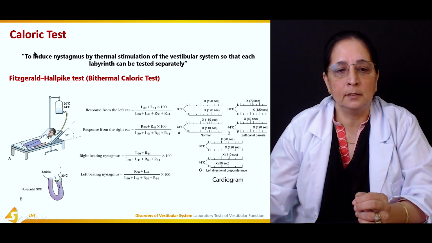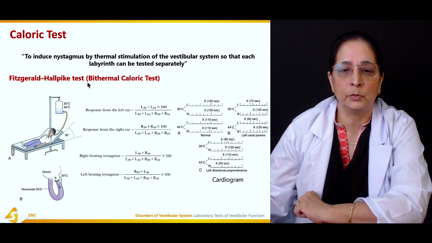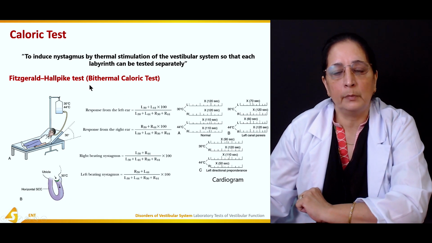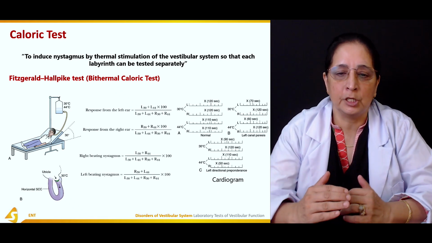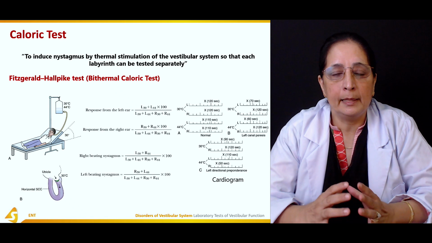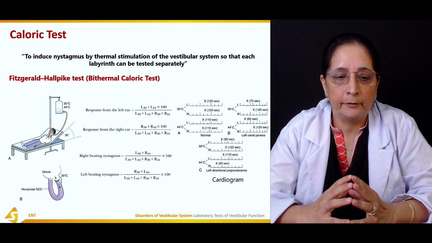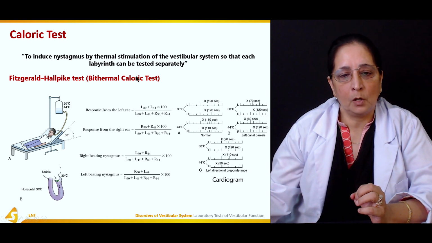It's called the Fitzgerald-Hallpike test, also known as the bithermal caloric test. We use both temperatures, hot and cold, and then we find the different reaction. So it can be done on both ears.